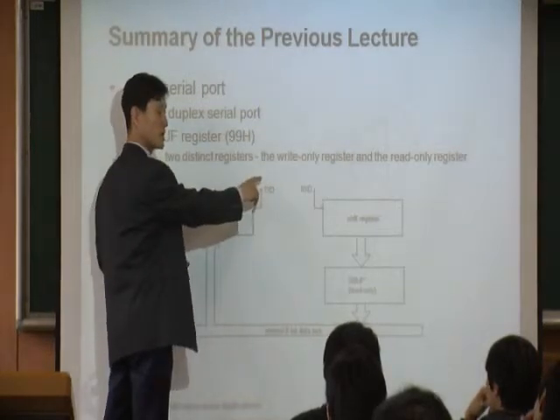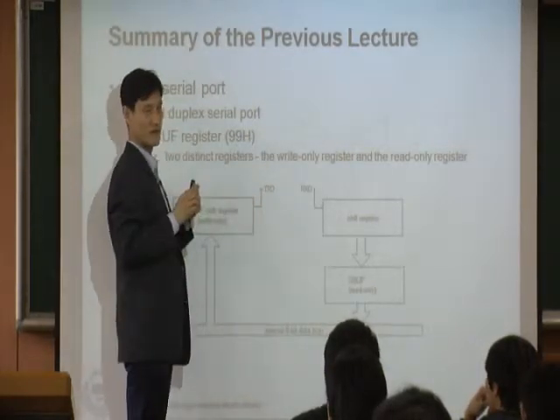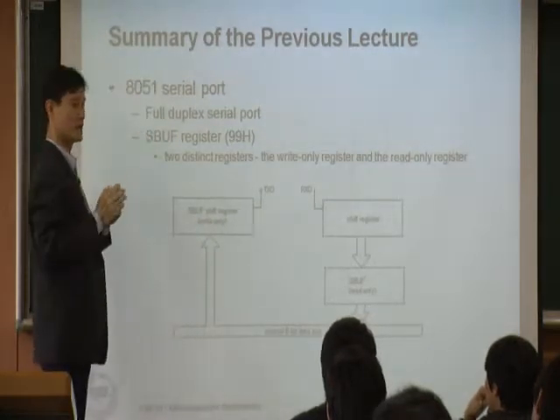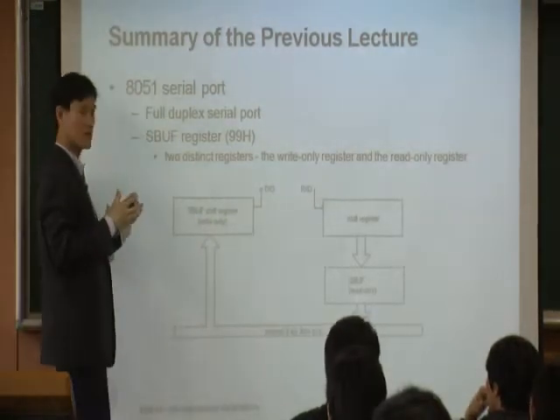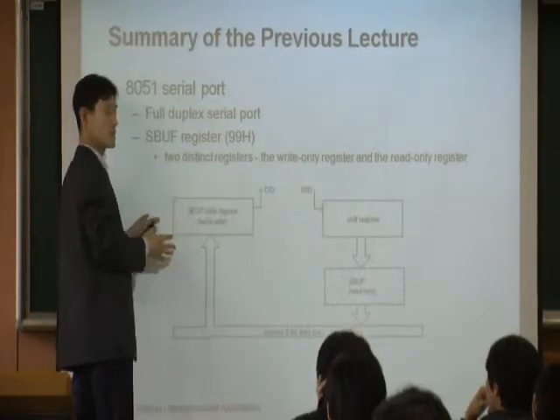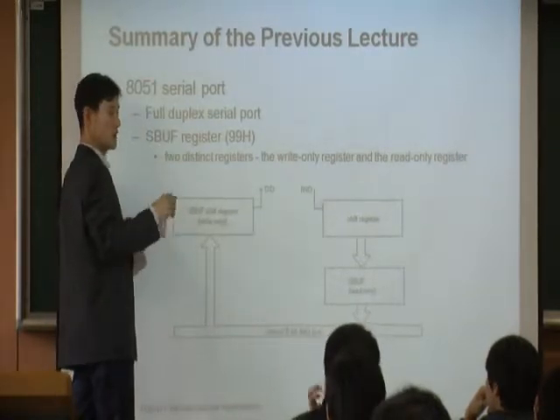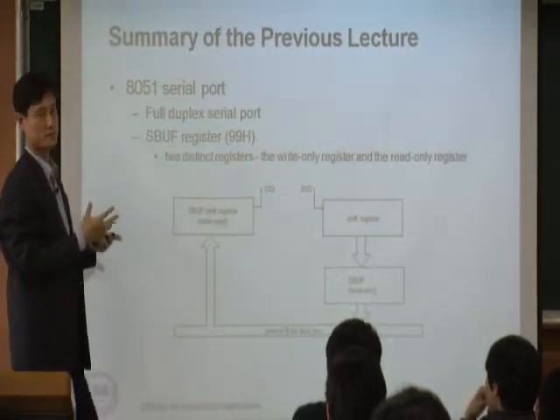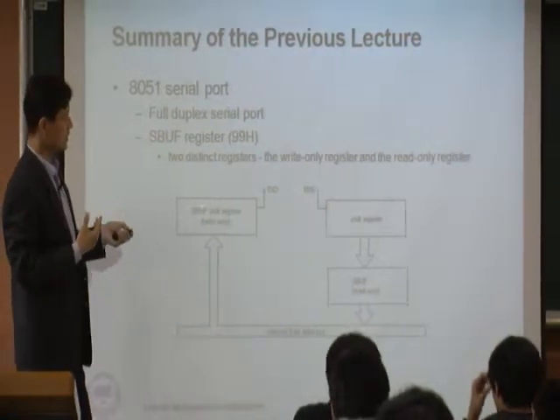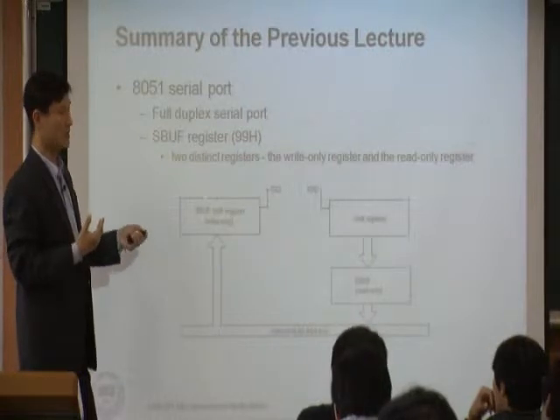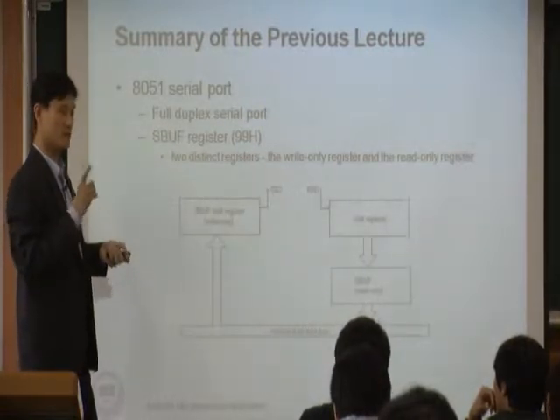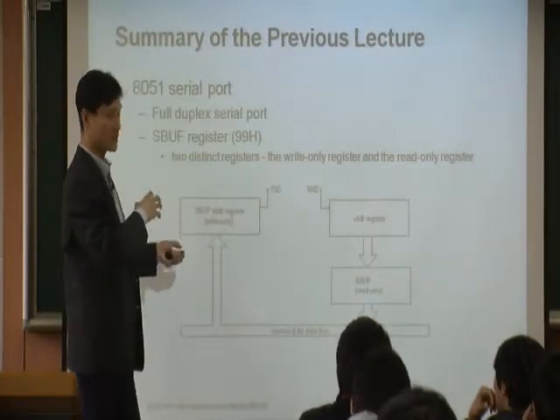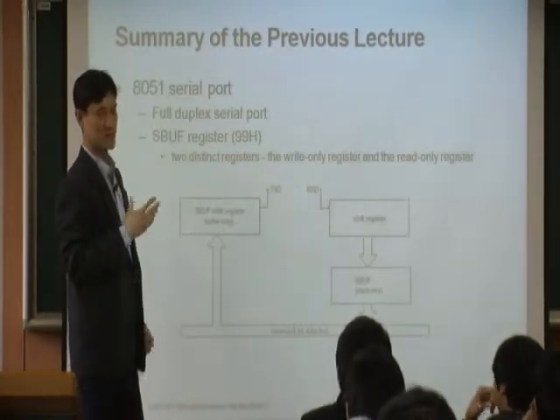Whereas when you transmit, if you want to transmit a letter C, then you are writing C into this register. Writing C into here, then it will be transmitted by the hardware. So for the hardware, we have what looks like 2 SBUF registers, but in fact, this is just 1. Because this is read-only and this is write-only, just 1 address is enough.